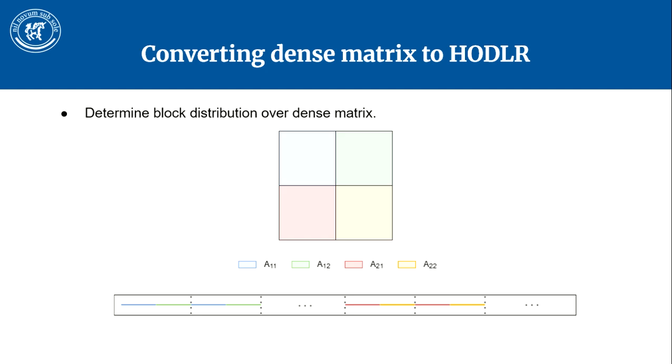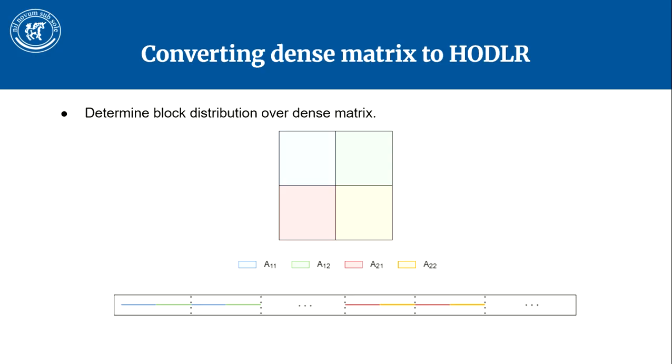So the first half of the array of values contains the first n divided by 2 rows, and from those rows, the first half of each row corresponds to block A11, while the second half of the row corresponds to block A12. While for the second part of the array of values, the bottom half of rows, the left half of each row corresponds to block A21, while the right side of each row corresponds to block A22.